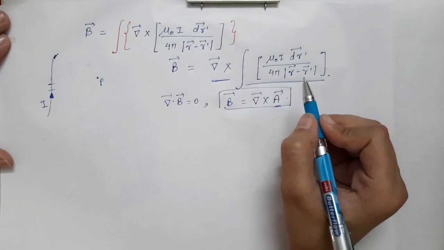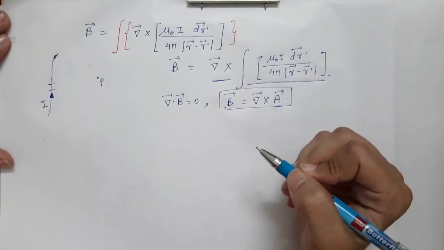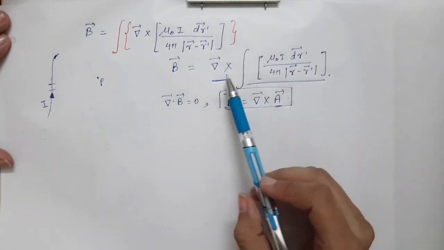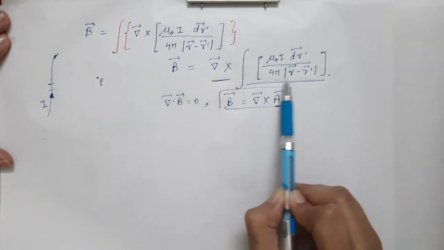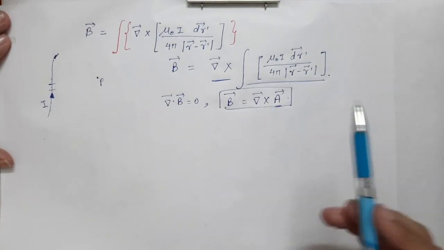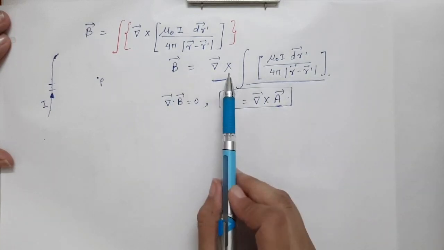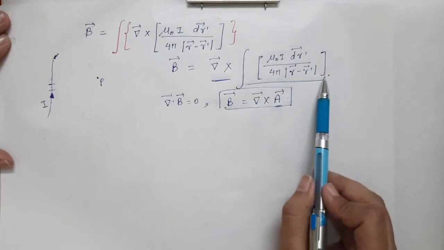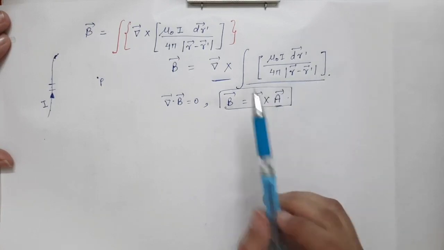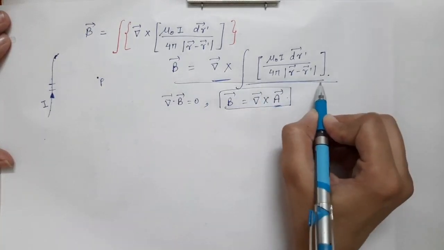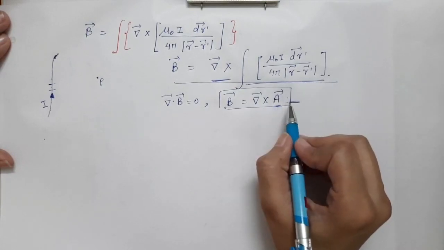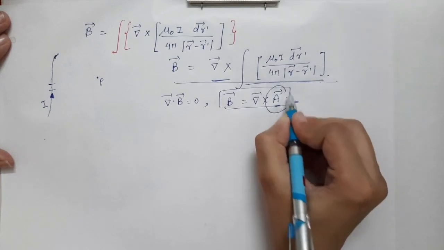We have already said that the magnetic field can be written as the curl of a vector quantity, and that vector quantity is called the magnetic vector potential. So if you relate this expression with this one, you can easily compare the two and write the A vector.